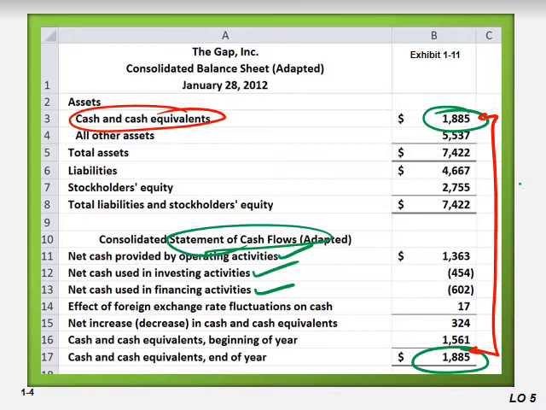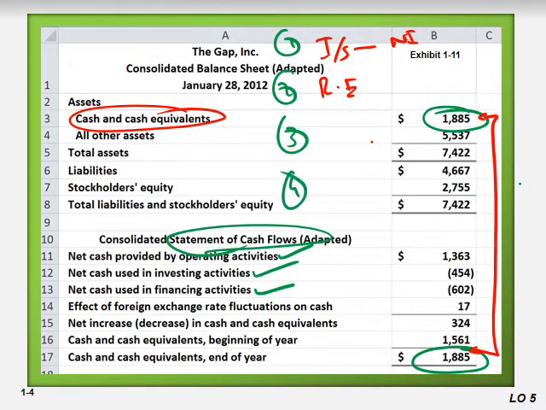So how the statements are made: first of all, the income statement, we find net income, and then with net income we can make the retained earnings. From retained earnings we find its ending balance, and we use it to make the balance sheet.